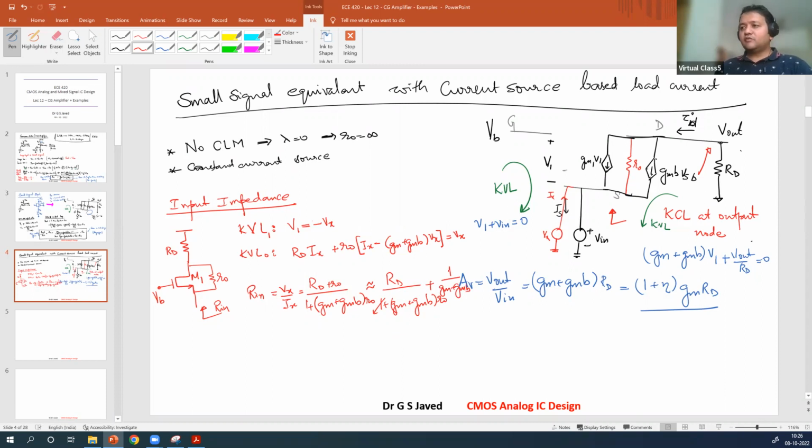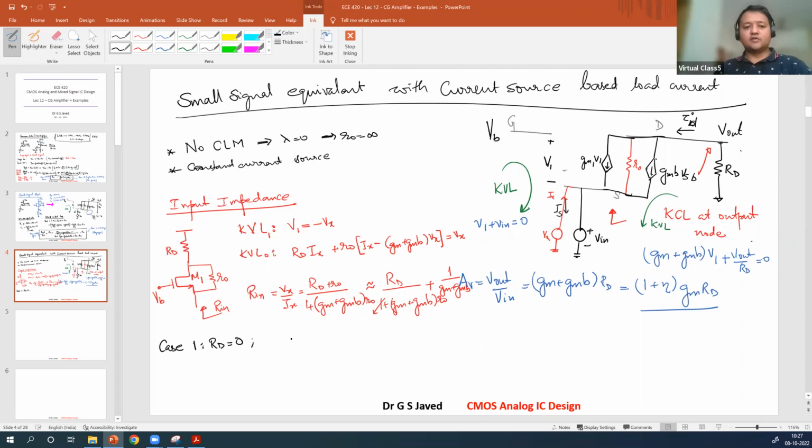There are a few conditions that you can quickly absorb and understand. Let us understand the special conditions we will see. One condition is if RD is short circuited.